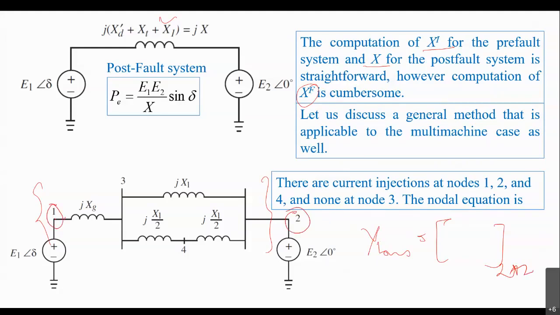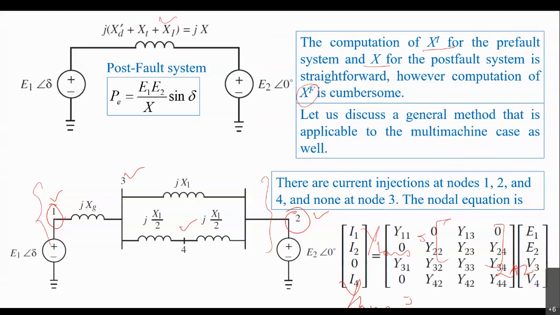But without reduction, how many nodes do I have? 1, 2, 3 and 4. I have 4 nodes, therefore my original Y bus network will have 4 by 4 size. So this is your original Y bus matrix. You can see here.